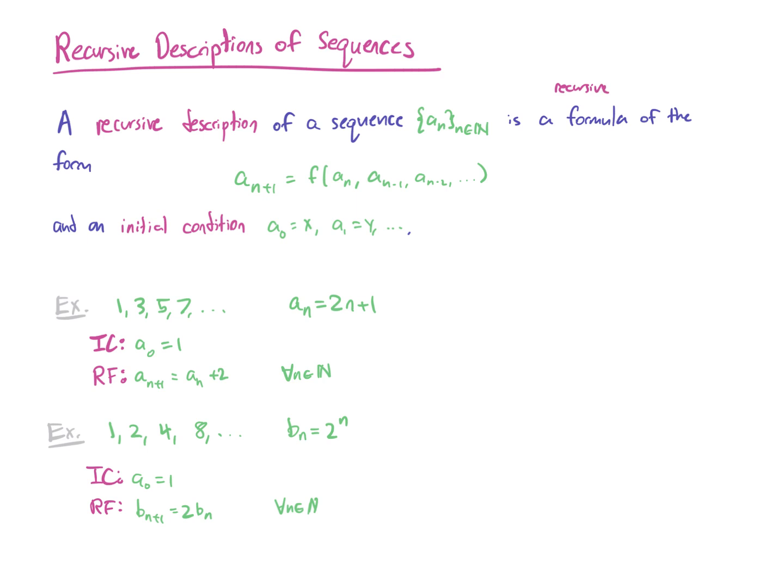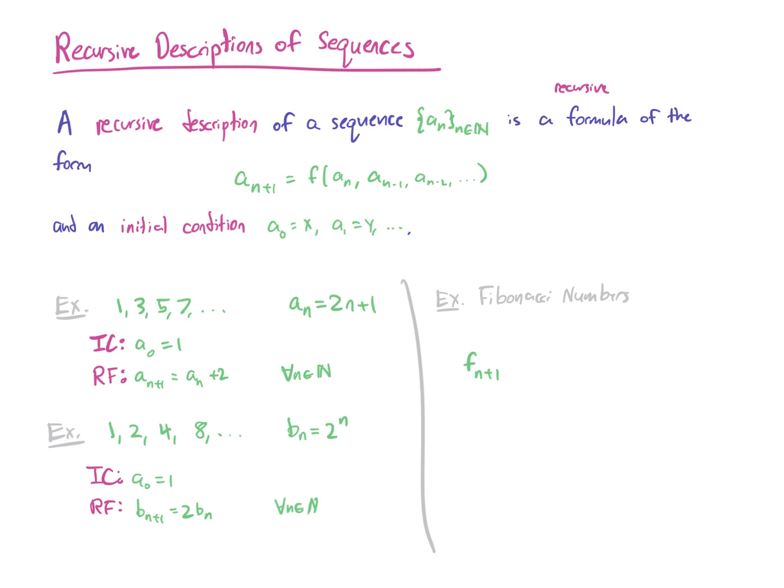I can have more complicated formulas that require multiple initial conditions. So here's one more example. This is a famous example, the Fibonacci numbers. In the Fibonacci numbers, my sequence is defined by Fn plus 1.